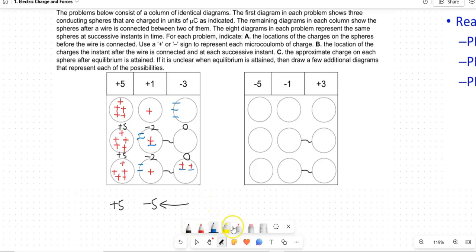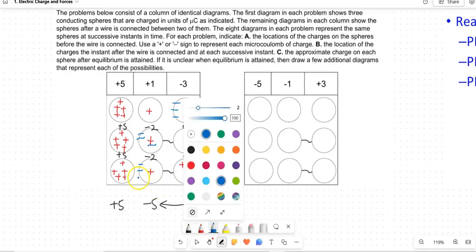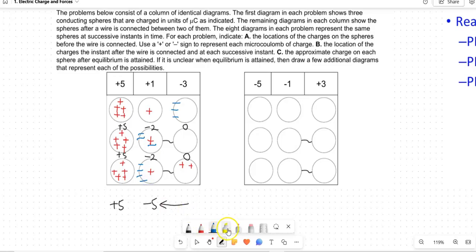And so these guys are going to lose those 2 electrons, and those 2 electrons are going to travel over to here. And now what we're going to have is a negative 4 and a positive 2.